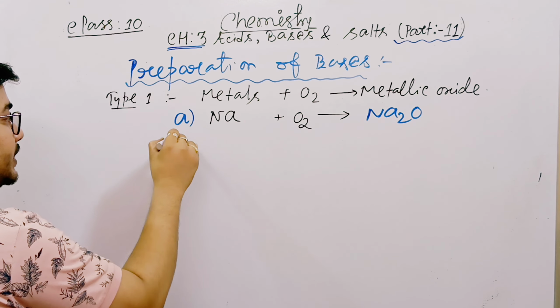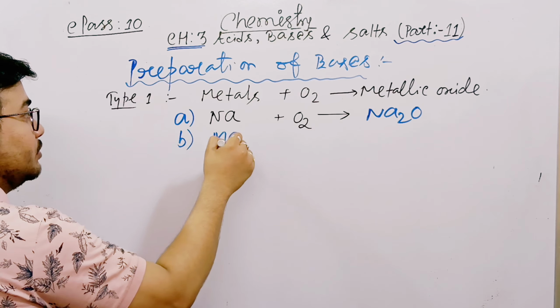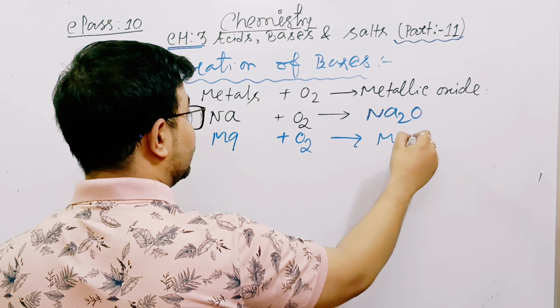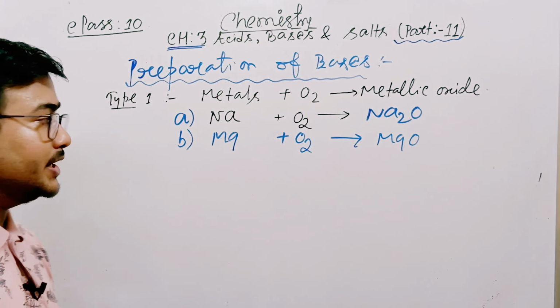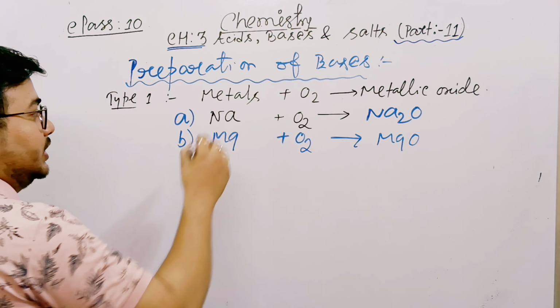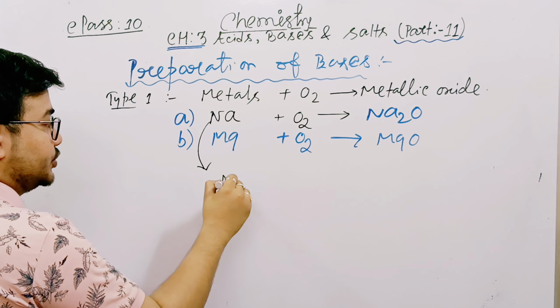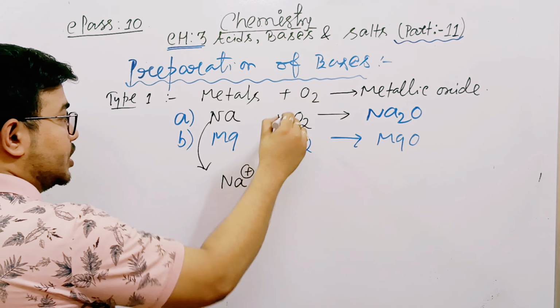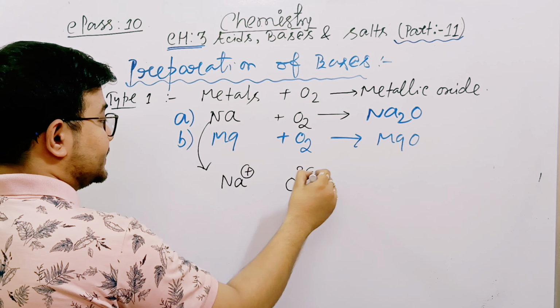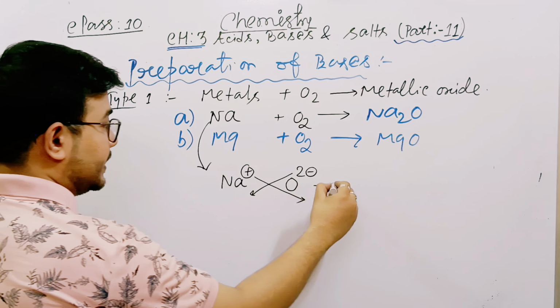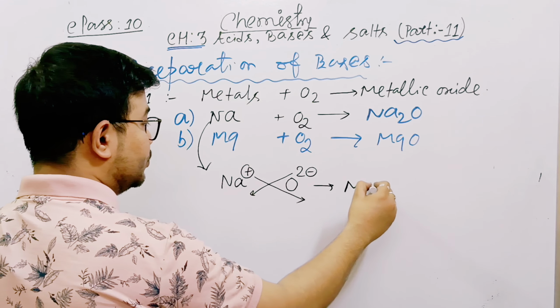Okay, choose another one. Example number two: magnesium, also a metal, gives magnesium oxide, MgO. Here not Mg2O. Why? Sodium contains 1 plus charge, oxygen contains 2 minus charge. So 2 minus here, 1 plus here, that is why 2 comes here: Na2O.